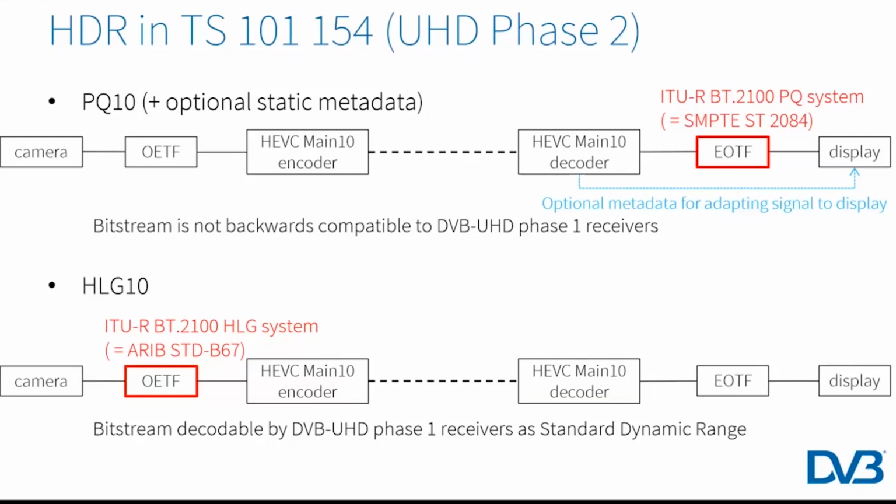It's not really practical to adapt the characteristics of the signal on a frame-by-frame basis. This is why it's called static metadata. What we have done with the HDR dynamic mapping work item is adding some dynamic metadata on top of that on a frame-by-frame basis, which Jason is going to explain a bit more about.